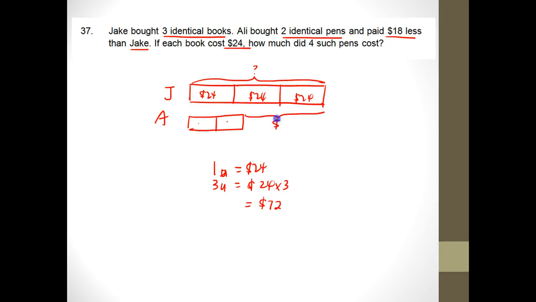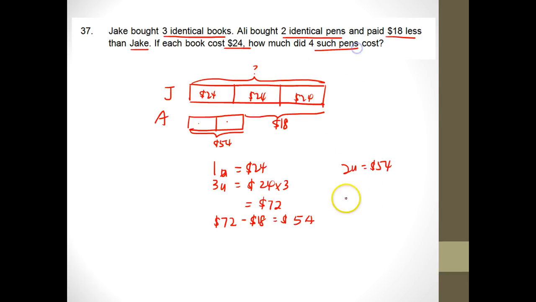So the difference is 18. So I can take this whole amount, $72 minus $18, which is $54, right? So $54 is my 2 units here. So my 2 units is $54.